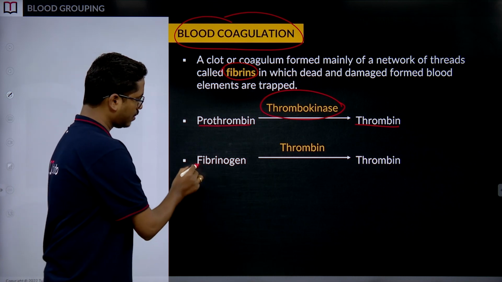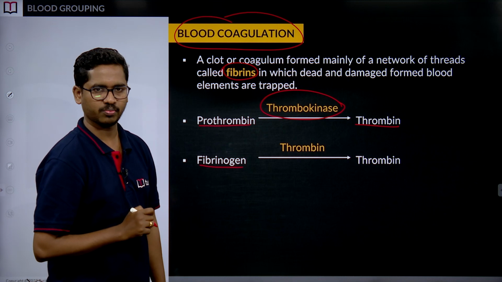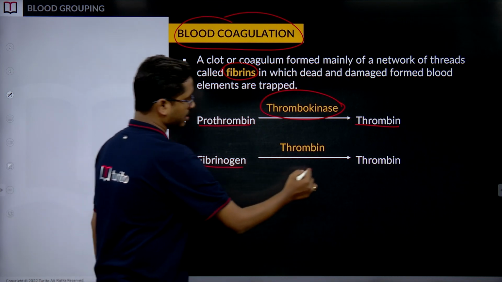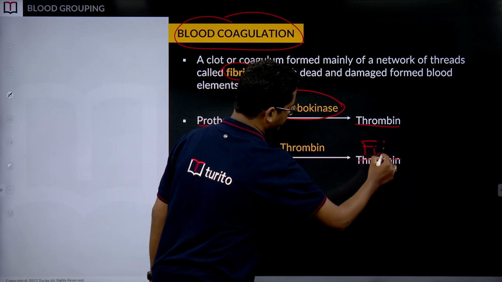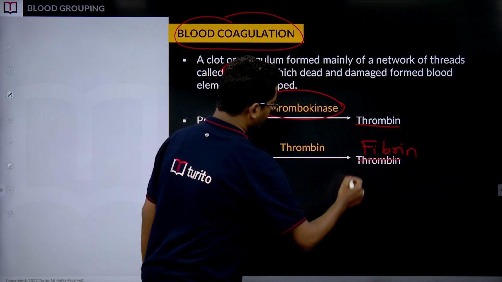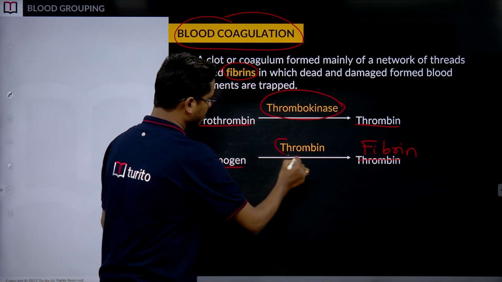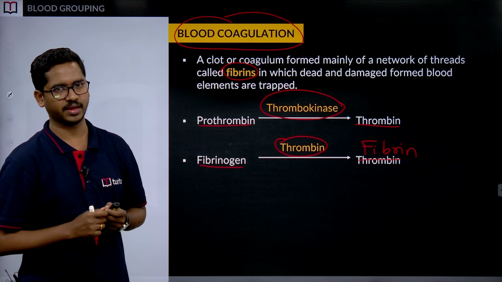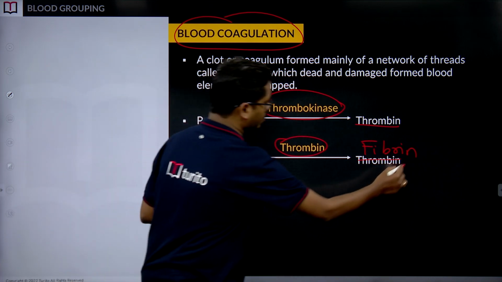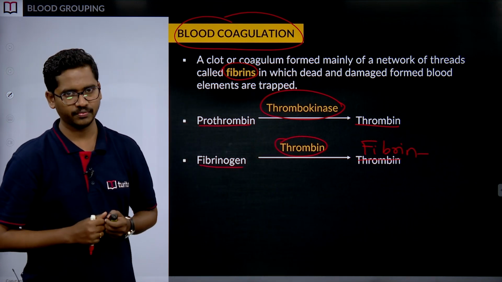Then you see here fibrinogen is another protein present in the blood plasma. It has to convert itself into fibrin. If it has to convert itself into fibrin, we have to have thrombin as the enzyme which catalyzes the reaction. Now, it is this fibrin that is mainly involved in the clotting of blood.